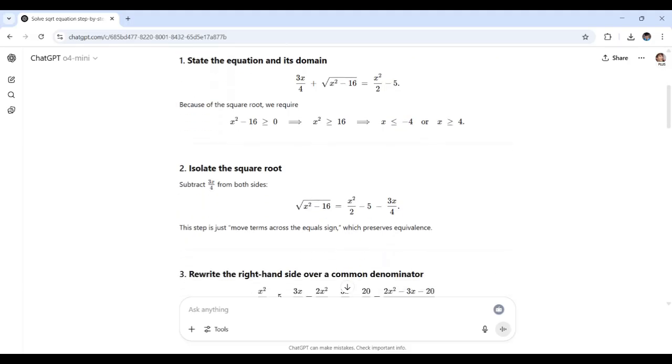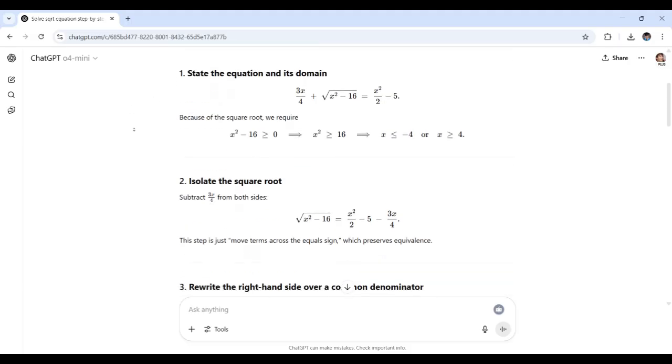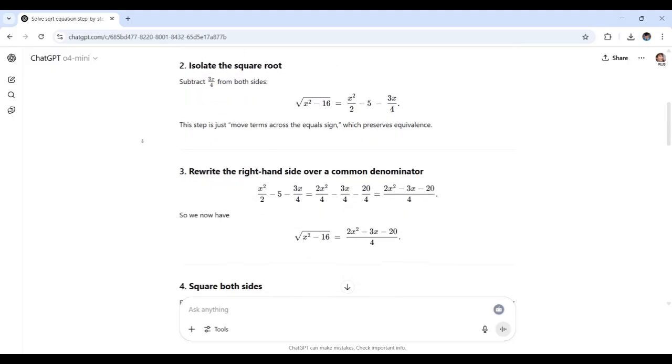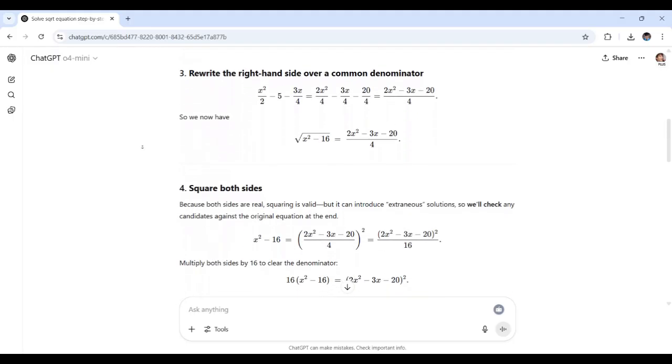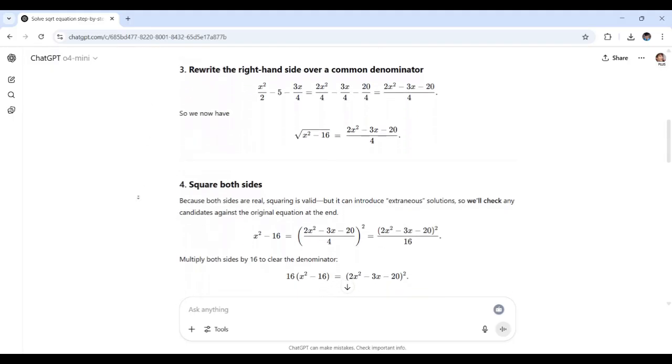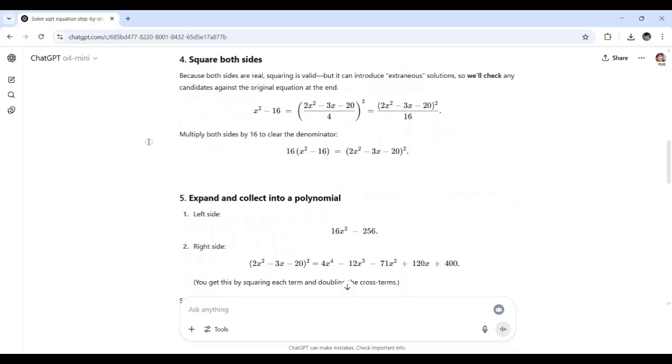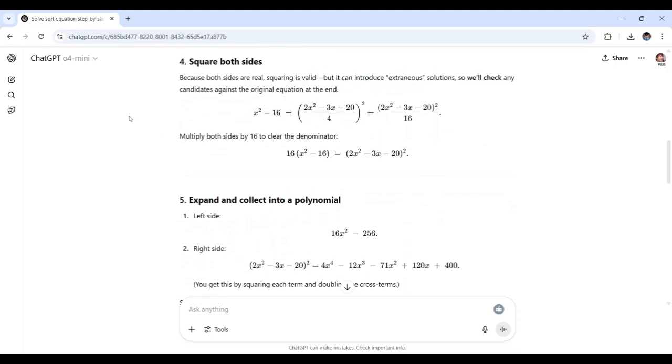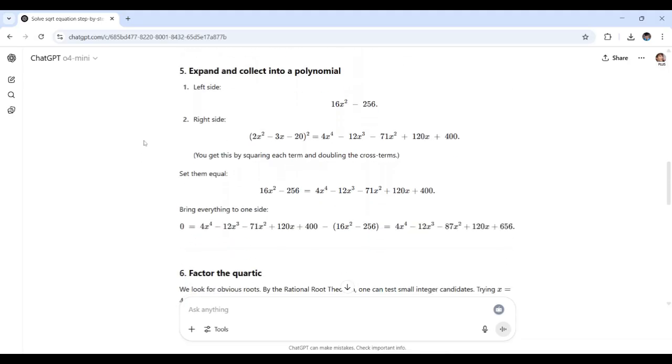With the process we just witnessed, ChatGPT within seconds showed us how quick it is to solve a very complex equation with the step-by-step here. Look at that. Really awesome from ChatGPT O4 Mini.